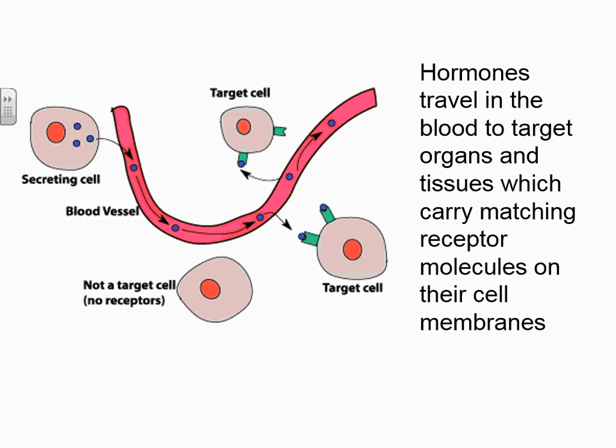So if you've got a cell, I can't think of a good example now, let's say in muscles, it will have insulin receptors. But a cell in your skin probably won't have insulin receptors.